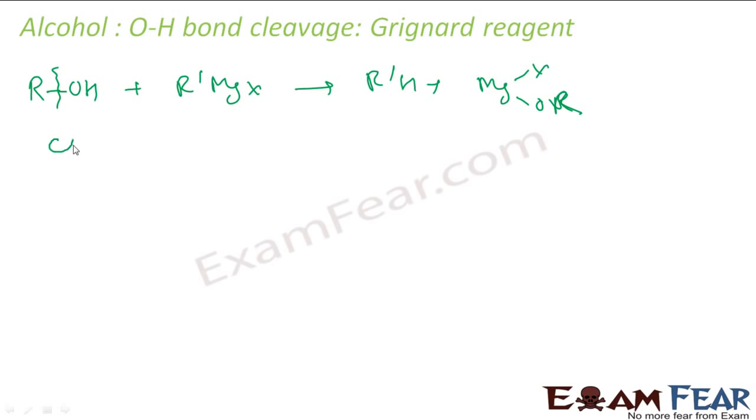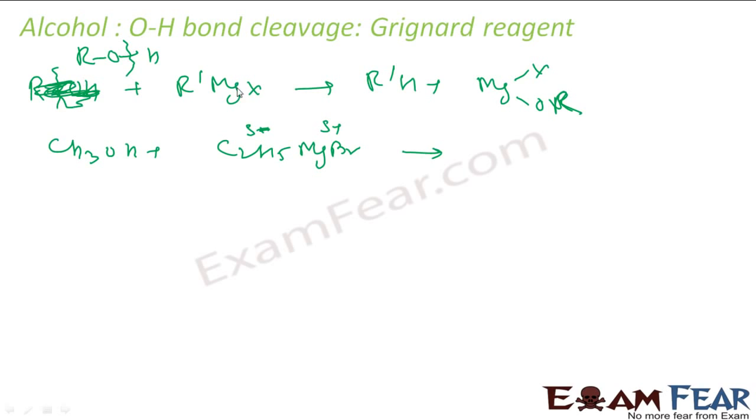For example, I have CH3OH, you react with C2H5, MgBr, slightly negative, slightly positive, right? Sorry, mistake on my part. It's OH bond breaks, right? Not CO bond. ROH, this bond breaks, right?